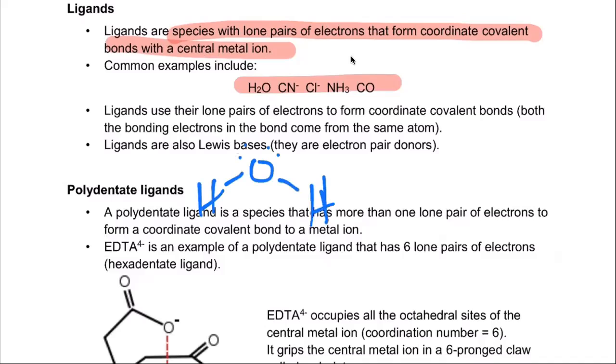So water actually has 2 pairs of electrons on top of its oxygen. Cyanide, that's CN, it's C triple bonded to an N. And then it has a lone pair here, and it's got a negative charge.